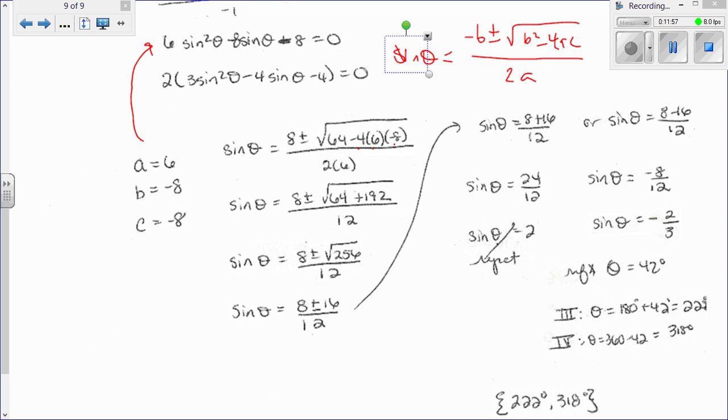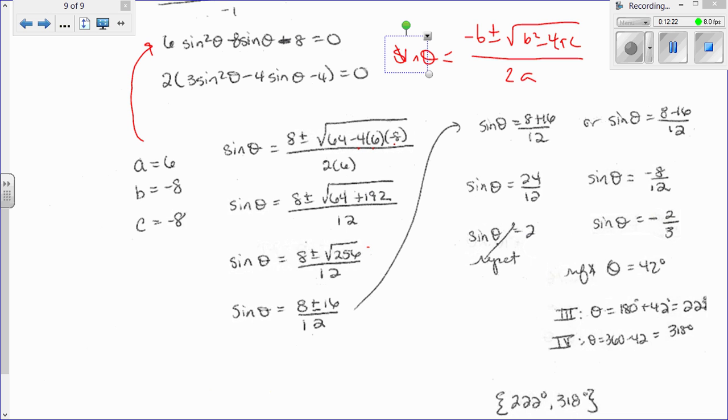So negative 4 times 6 times negative 8 would be plus 192. Plus 64 is 256. A was 6, so 2 times 6 is 12 in the denominator. 256 happens to be a perfect square, and it's 16. So I get 8 plus 16 over 12, or 8 minus 16 over 12. 8 plus 16 is 24 divided by 12, which is 2.